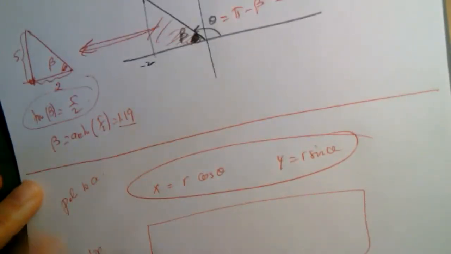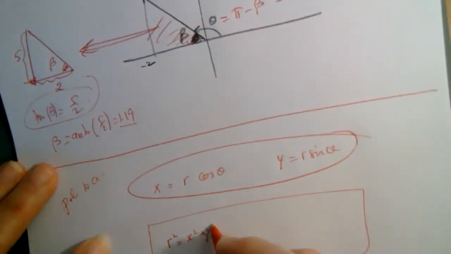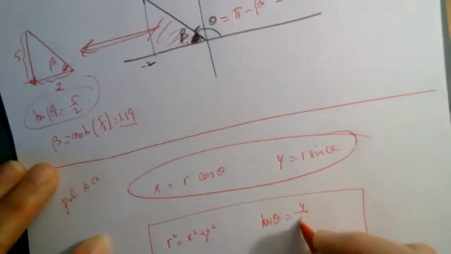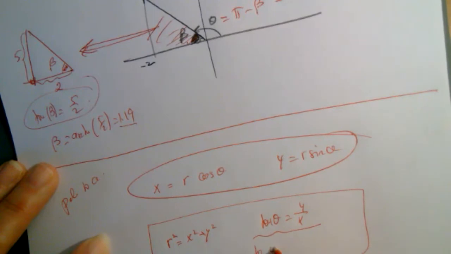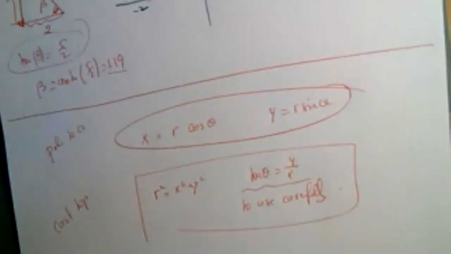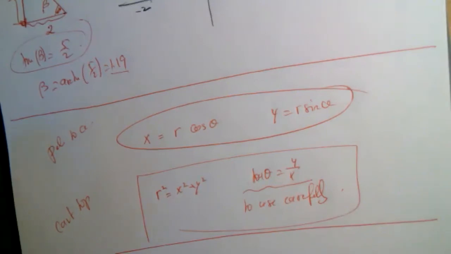Cartesian to polar: r squared is x squared plus y squared. Tangent theta is y over x, and this piece to use carefully, because the arctangent doesn't always give me the angle I'm interested in. All right, any questions before I proceed, please?